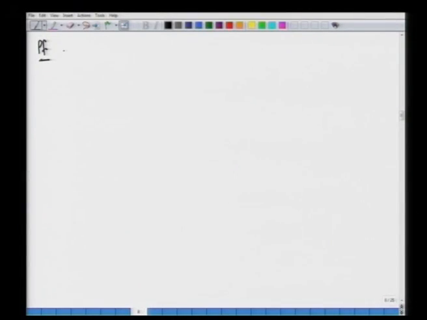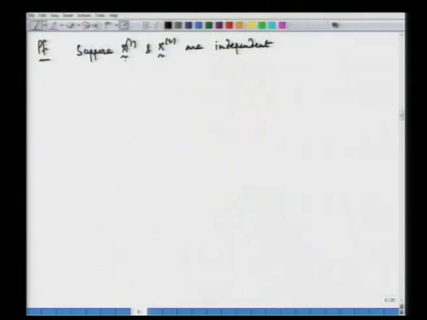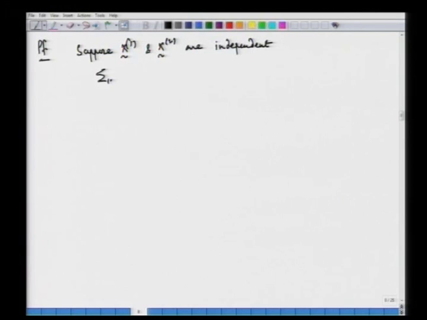In the first part, we take the only if part, or the necessary part, and we say that suppose x 1 and x 2 are independent. If they are independent, whether they are multivariate normal or not, any component of x 1 and any component of x 2, we consider the covariance between them, it will always be equal to 0. So, that we have the sigma 1 2 matrix.